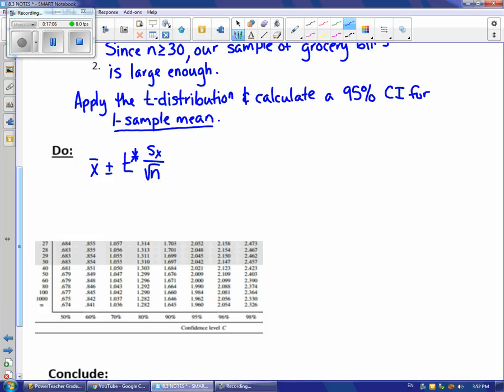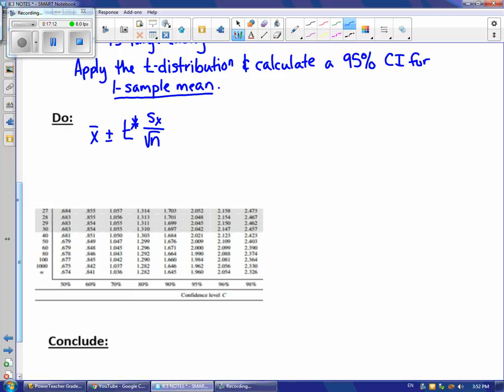Now, we know our X bar is $51.20. T star, I need to find that using my degrees of freedom. My degrees of freedom is my sample size minus 1. So for this problem, my degrees of freedom will be 29 since I had 30 grocery bills in my sample.